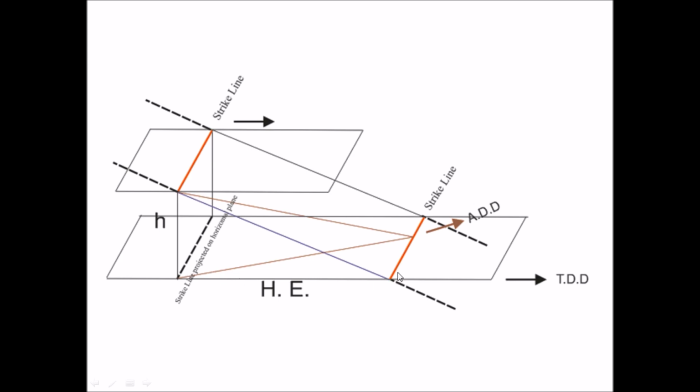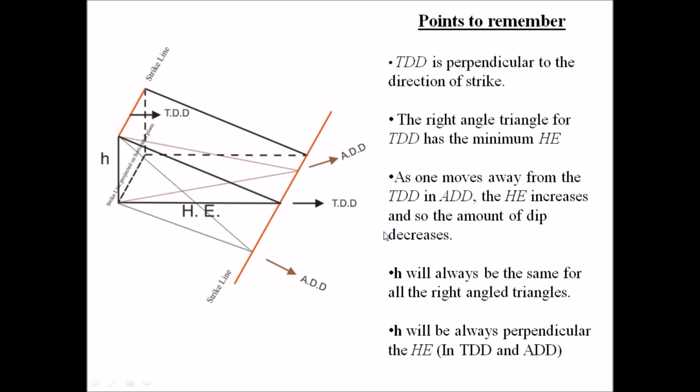Now as we move towards the apparent dip direction, the length of the horizontal equivalent changes, and hence the amount of dip will keep on decreasing.